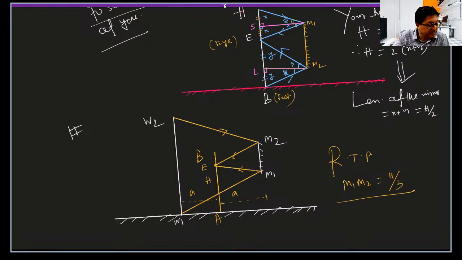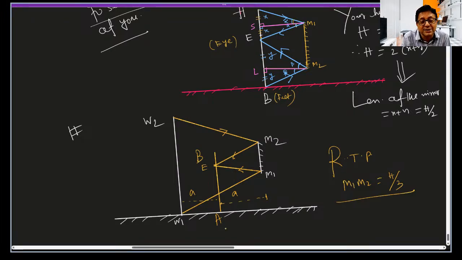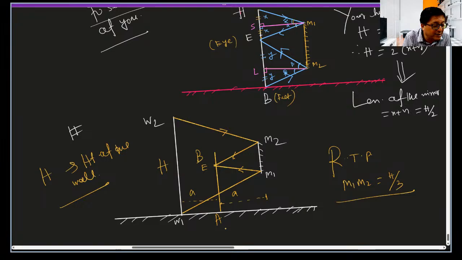Clear? You will try at home. Oh sorry, this h is not height of the man, this h is the height of the wall. Sorry, I forgot to write. Height of the wall, not the height of the man. Okay, try. All the best.